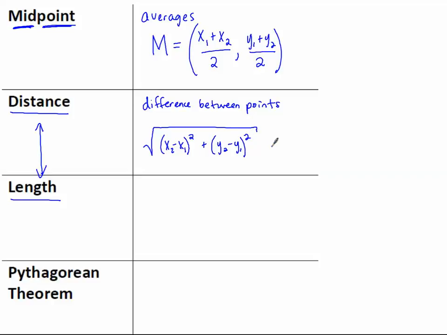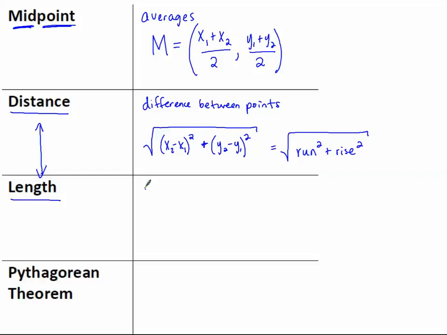However, if you're looking on a graph, another way to look at it is like when you're counting rise and run for slope, and you just square those values. So we can take the difference and then square it, or we can count the rise and the run and then square them. But don't forget about adding and taking the square root.